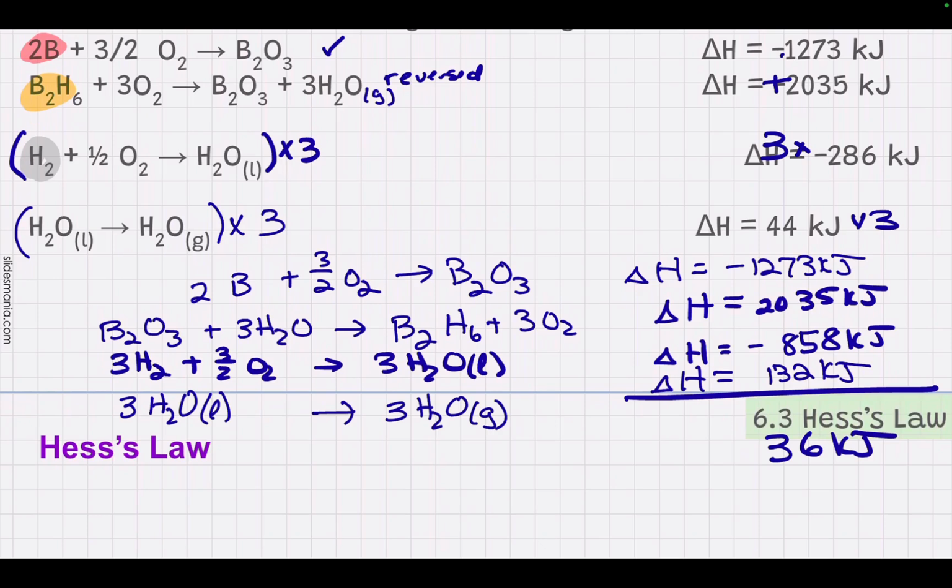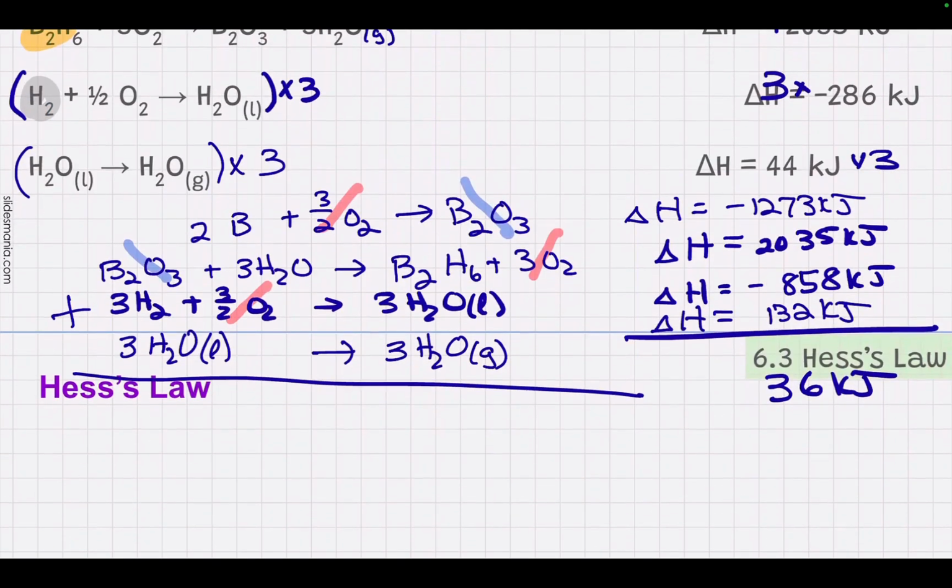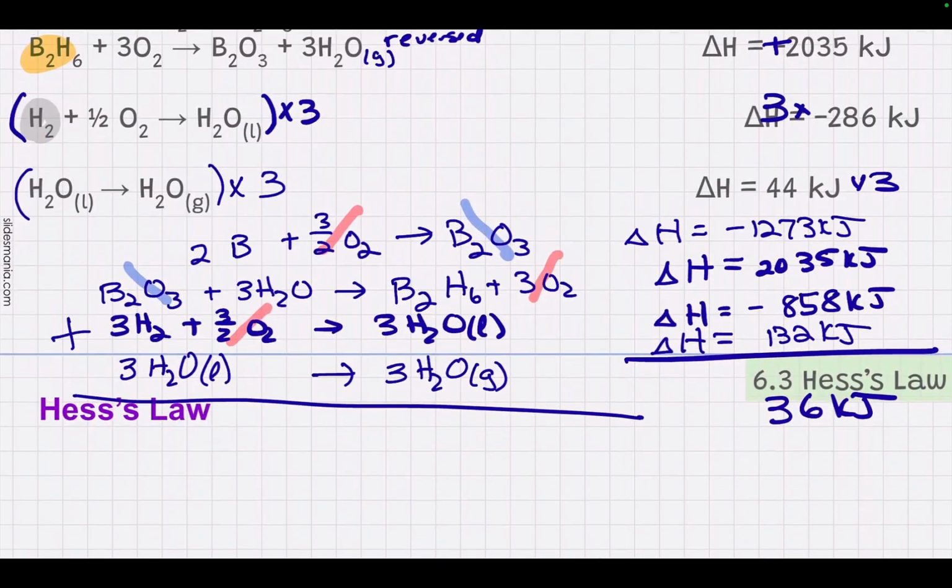And then when I try to cancel, let's hope it works. I'm going to cancel my oxygen. So 3 halves and 3 halves are 6 halves, which is the same as 3. I am going to cancel the B2O3. I am going to cancel the liquid water.